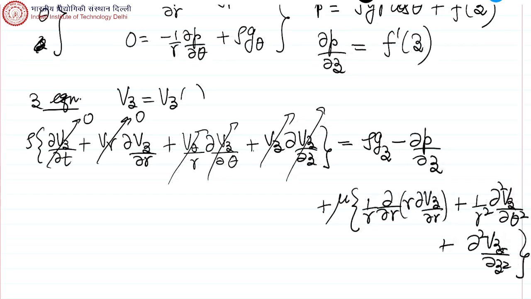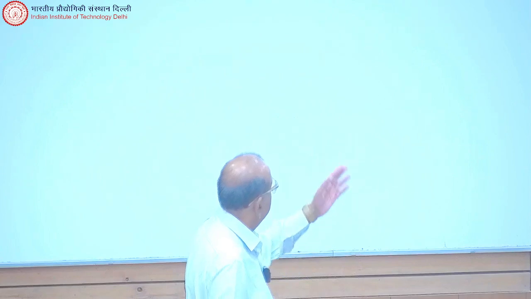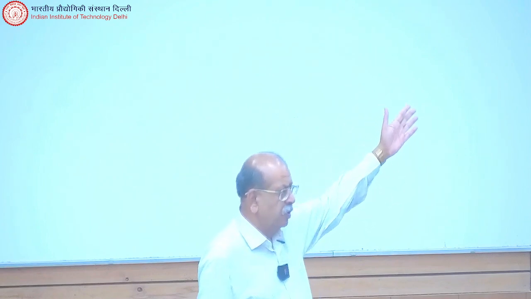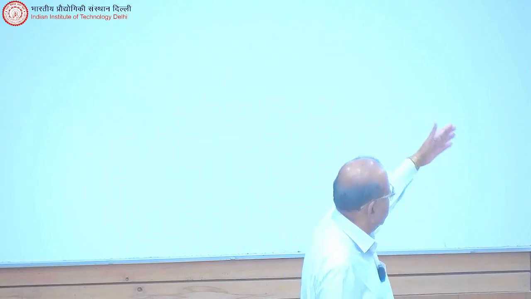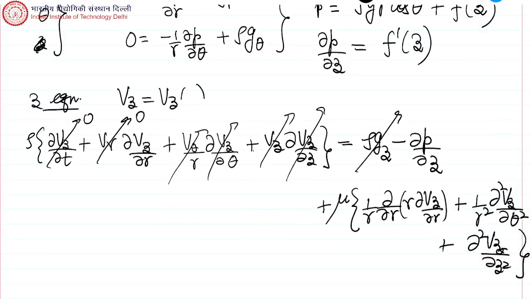So left hand side becomes 0, G sub Z is 0, and what happens in the viscous terms? Do all of them become 0 or does any term stay? Vz is a function only of R. So the theta and Z functionality, they will go away.